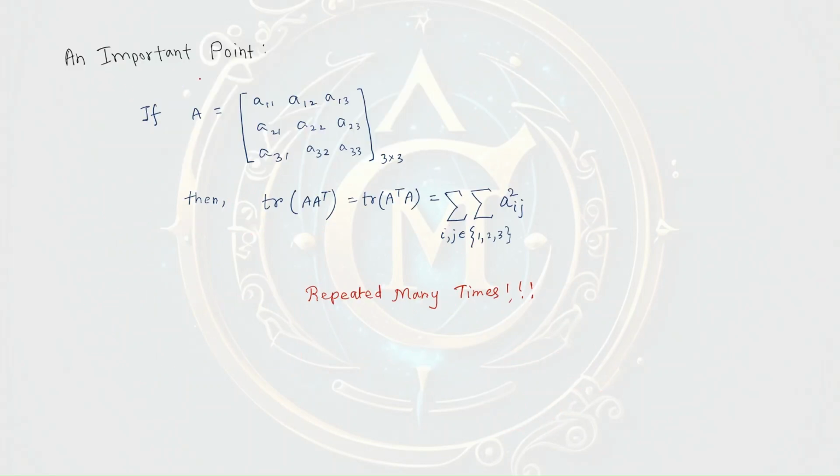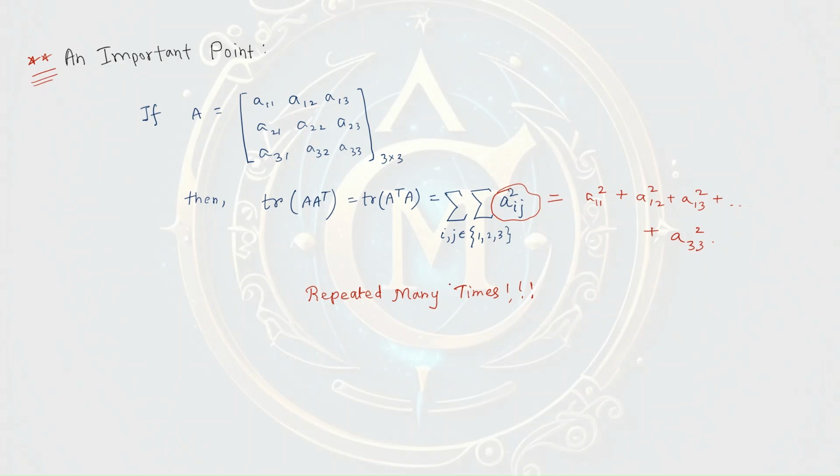Now coming to a very important point. This is a very important point. If A is a square matrix of size 3 by 3, then trace of A into A transpose is equal to trace of A transpose into A, which is equal to the sum of squares of all the elements of matrix A. So this is written as A11 square plus A12 square plus A13 square plus so on up to A33 square.